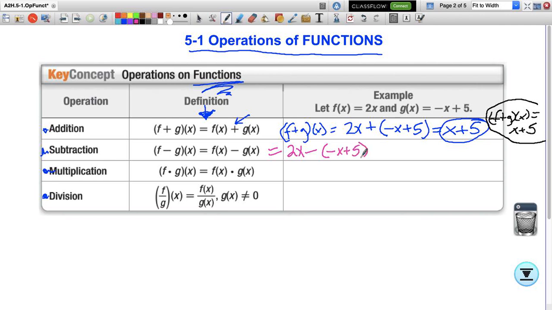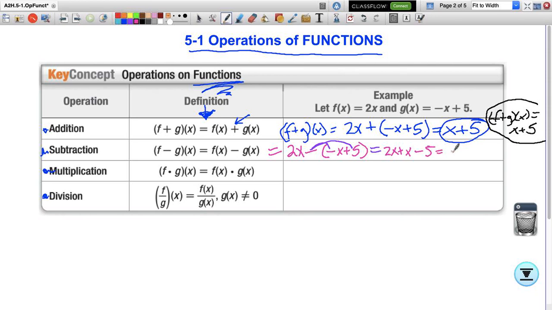Now think back to our last chapter. Whenever we are going to subtract a polynomial, we need to make sure to take this negative and distribute it across. And we didn't talk about that here because we don't need to distribute a positive. So if I distribute that negative across, I'm going to end up with negative times a negative is a positive, so I'll have 2x plus x, and then negative times a positive is a negative, minus 5.